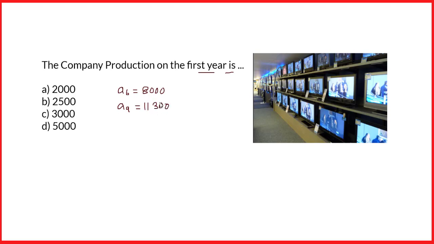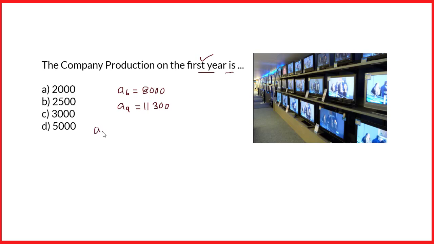The company produces 8,000 TV sets in the 6th year and 11,300 TV sets in the 9th year, and we have to find the production in the first year.